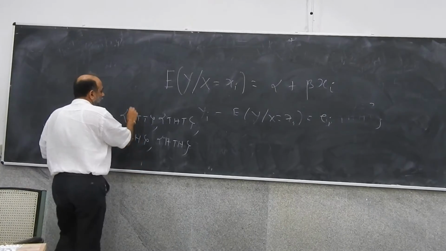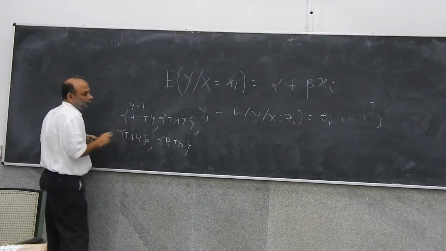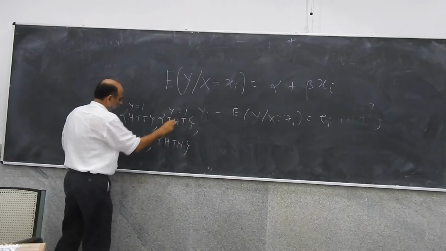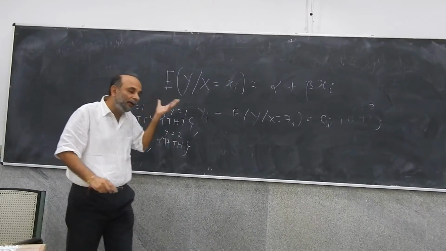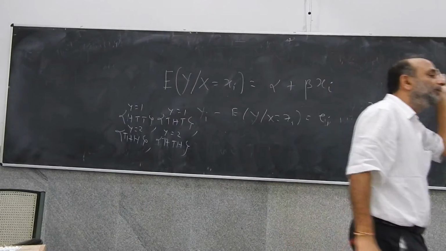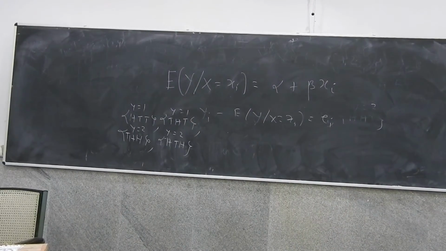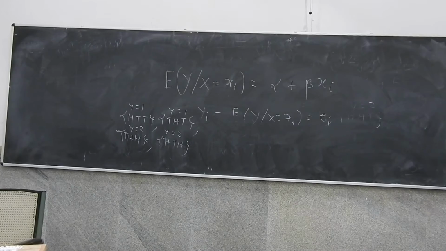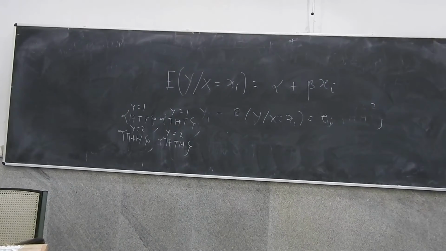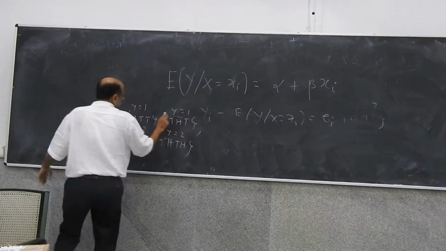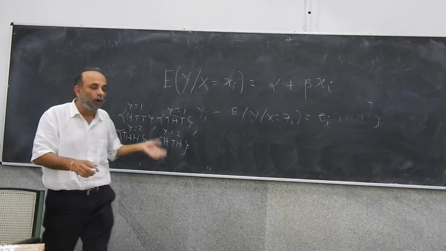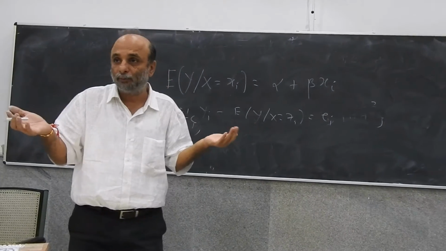What is y in this case? 1. What is y in this case? What is y here? 2. So what are the values? What is the conditional mean of y given x equal to 1? What are the possible values that y takes? 1 and 2, both with equal probability, because 2 times you get y equal to 1 and 2 times you get y equal to 2, all equally likely outcomes.